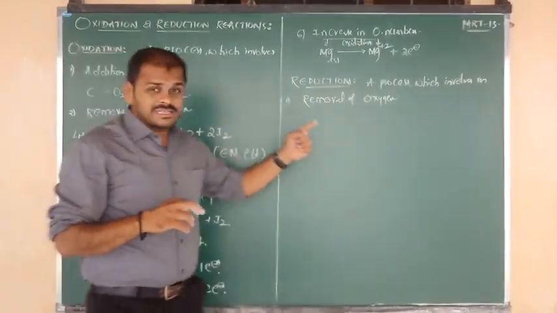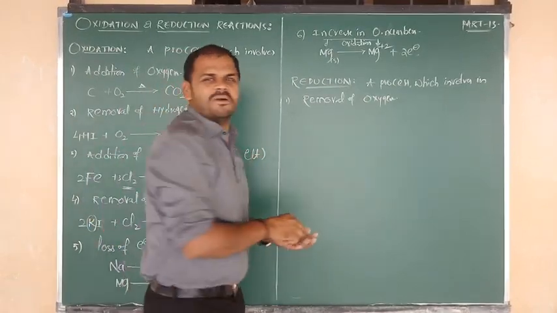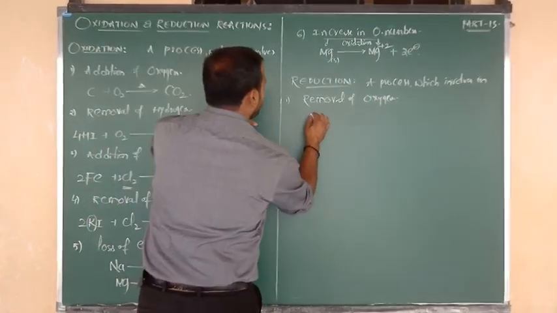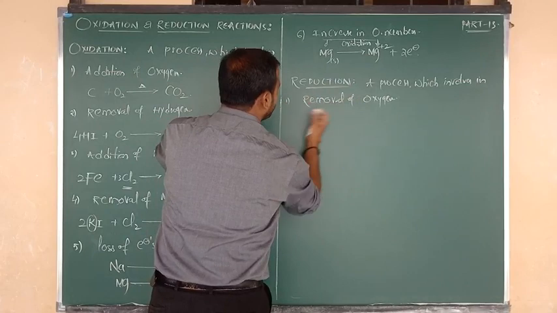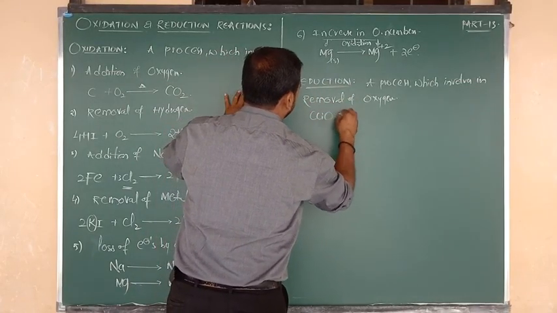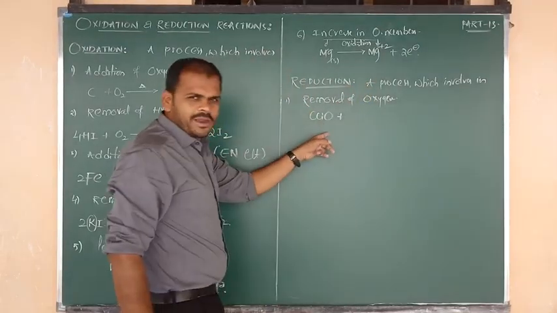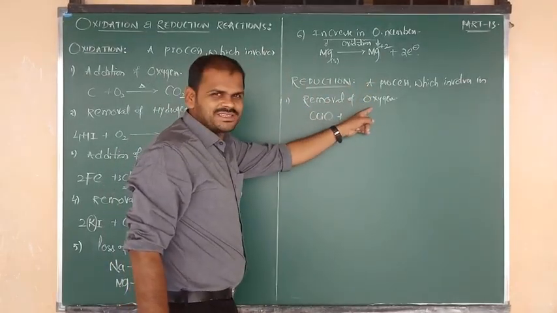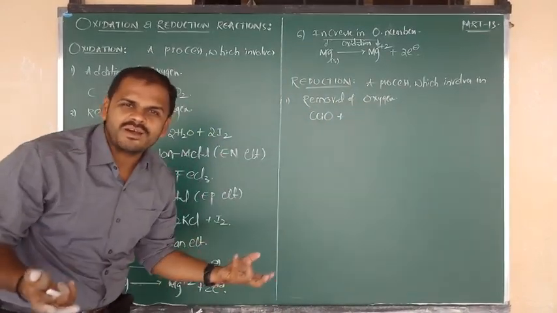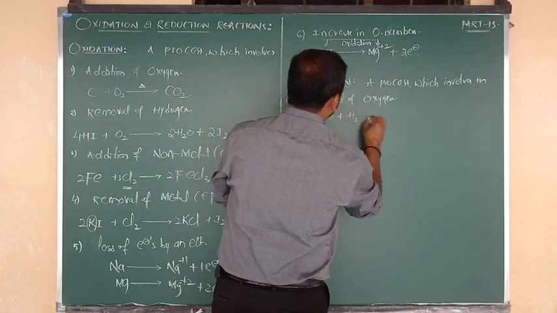Removal of oxygen means we have to take some oxygen compound. The oxygen compound I am going to take is cupric oxide, CuO. So listen, beta, from that cupric oxide we are going to remove the oxygen. For the removal of oxygen you require hydrogen, so I am going to write H2 here.